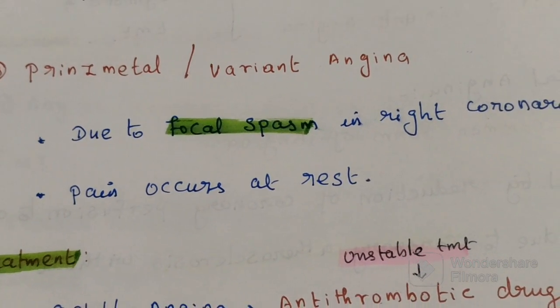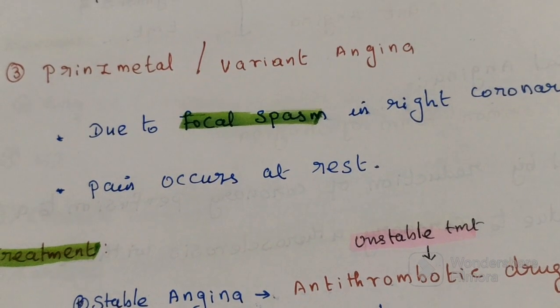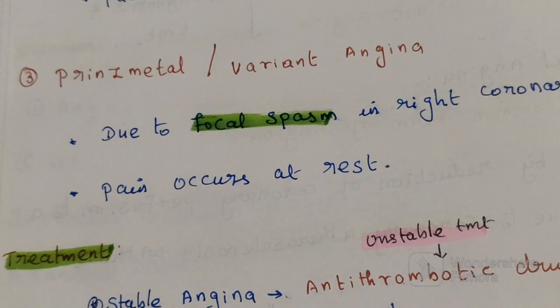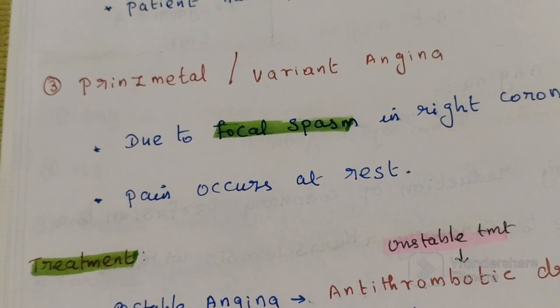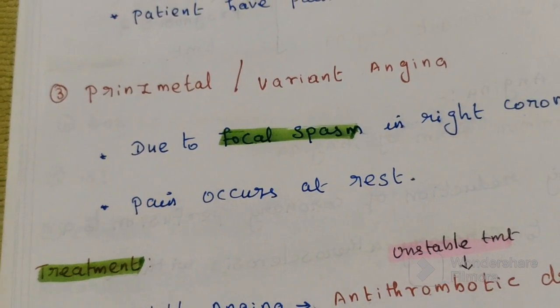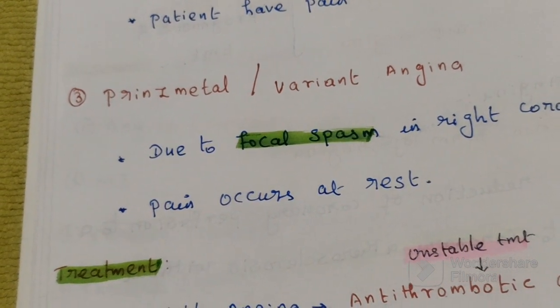Third is Prinzmetal or variant angina. The cause of obstruction is not atherosclerosis and not thrombosis.